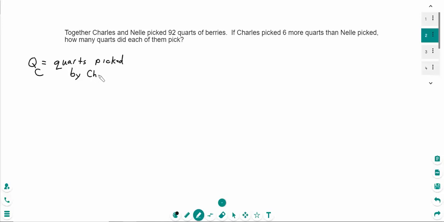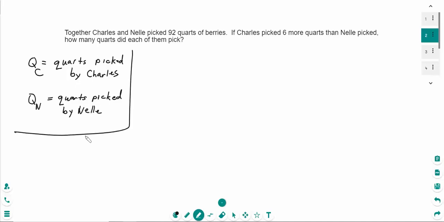Okay, so there is one of our variables. The other variable will be Q sub N. That will represent quarts picked by Nell. And of course, in both of them, it is quarts of berries. All right, so there are our variables.